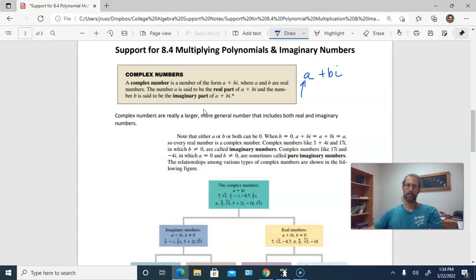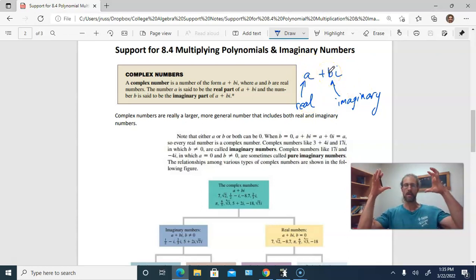And what this means is that a represents the real part of your complex number, and then the bi represents the imaginary part.